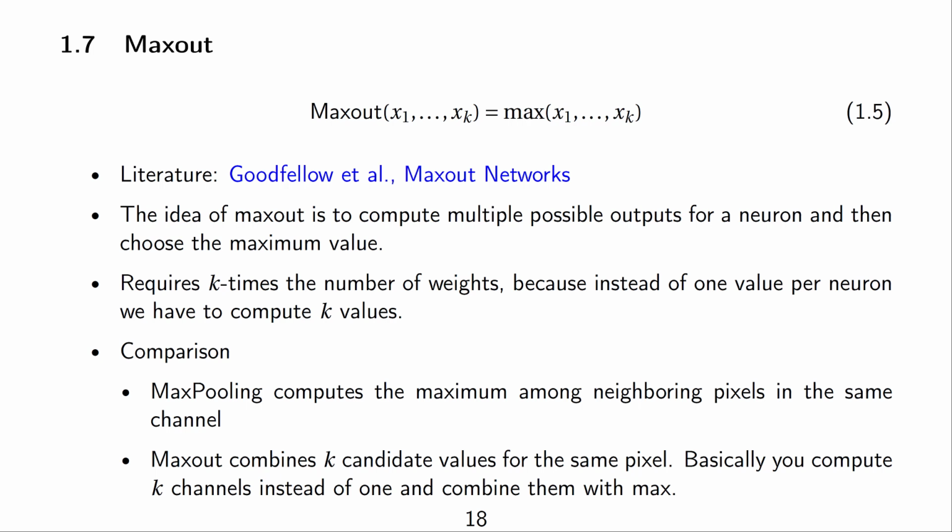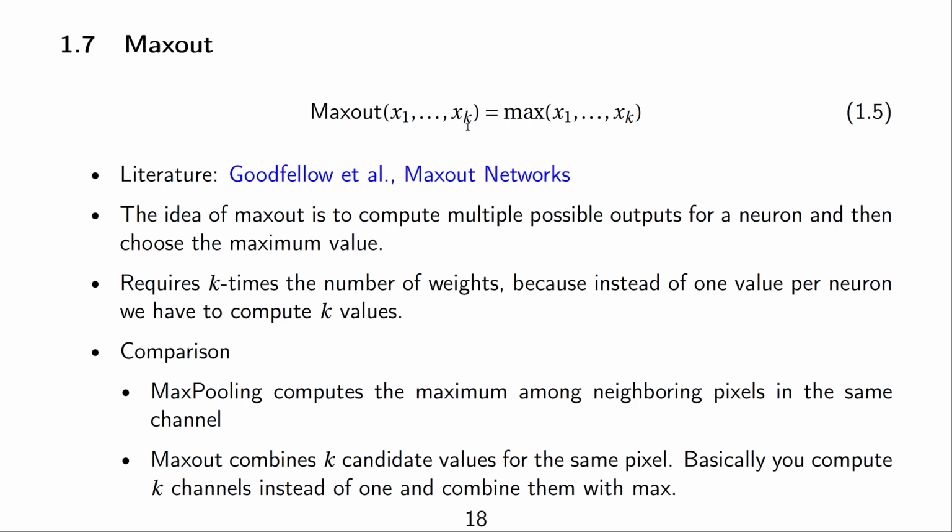So this is the idea of the Maxout. And it's somewhat an activation function that doesn't really fit the standard model of activation function with one input and one output. So the idea here is to say that the neuron outputs multiple possible values. So instead of one neuron outputting only one value, now one neuron outputs multiple possible values.